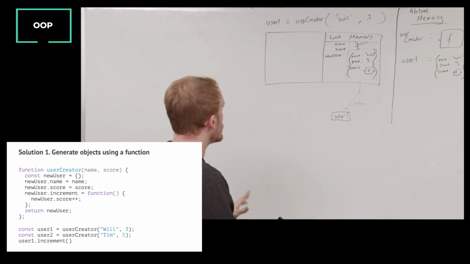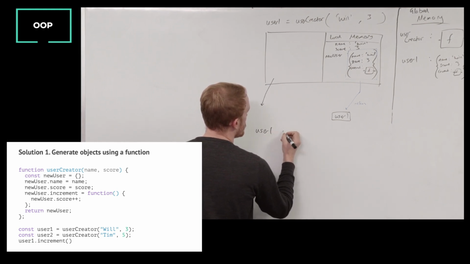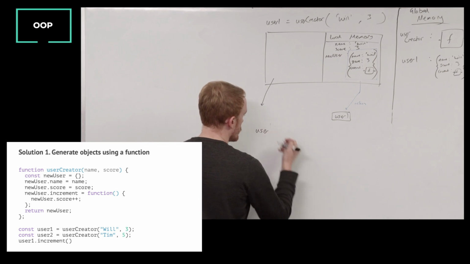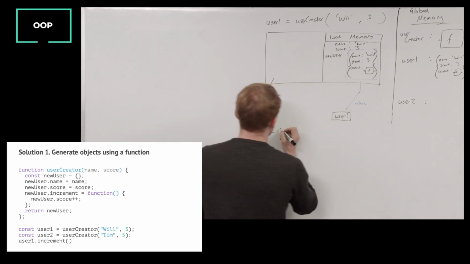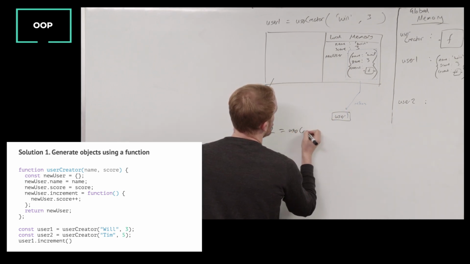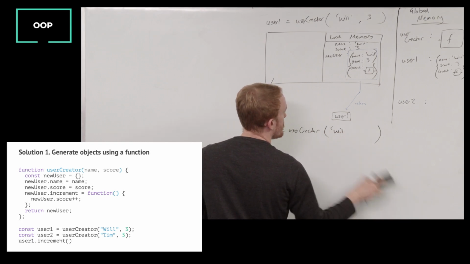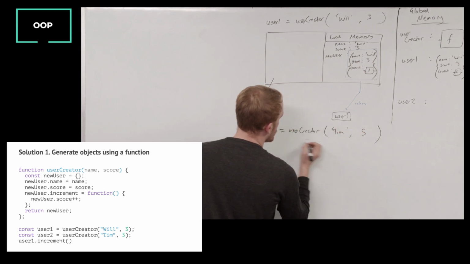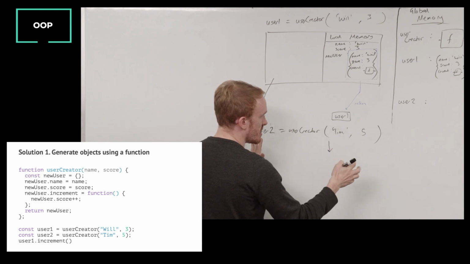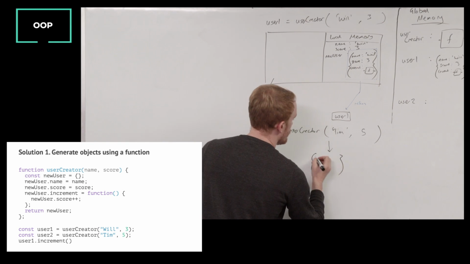I'm not going to go through the entire next one, but we've now returned out to global, where the next line is declaring user2, setting it equal to calling userCreator, passing in 10 and 5. So it's going to be set to the return value of userCreator called with the arguments Tim and 5. That's going to return an object with a property name Tim, score 5, and an increment function, or method.